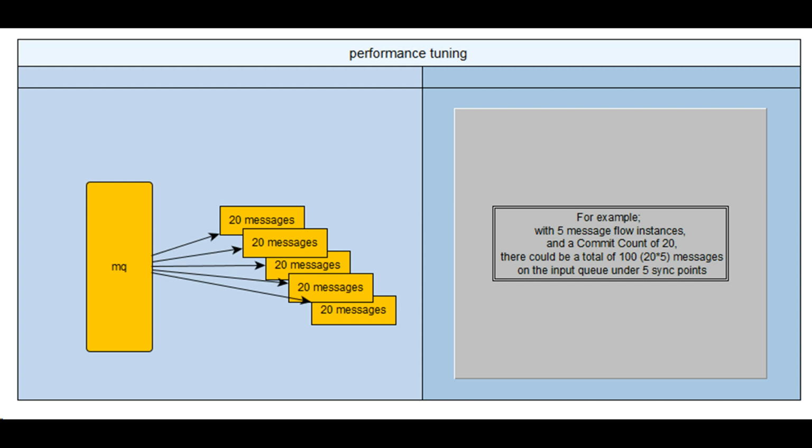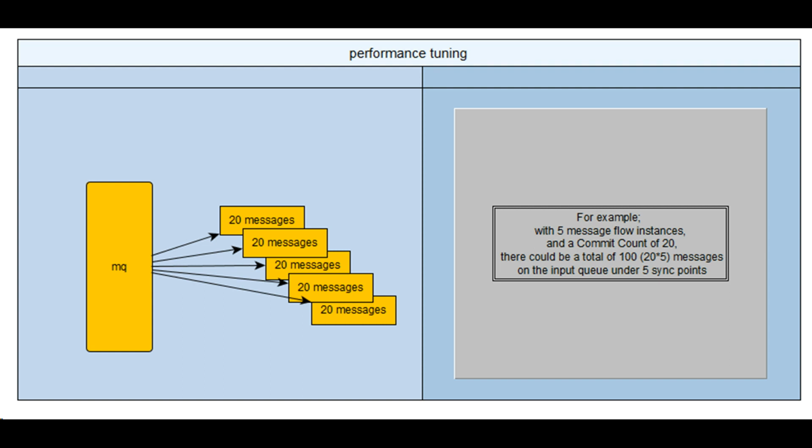Let's talk about commit count. This property specifies how many WebSphere MQ input messages are processed per message flow thread before a sync point is taken. Sync point is something that you issue using an MQ commit command.